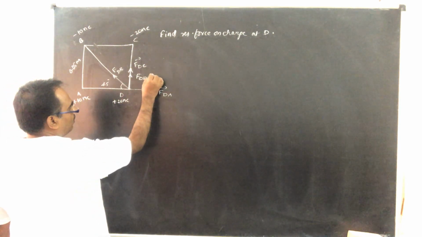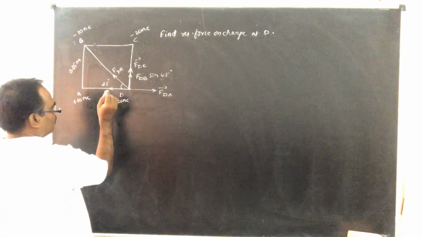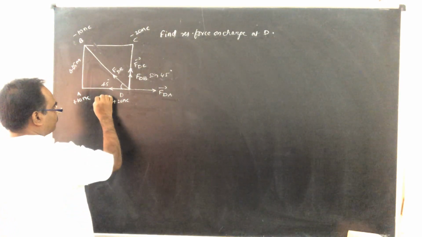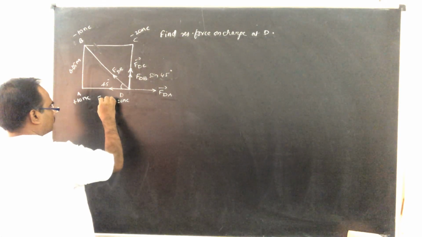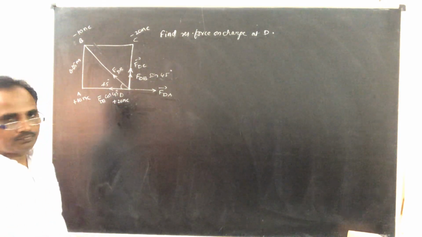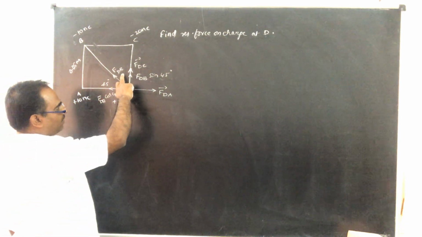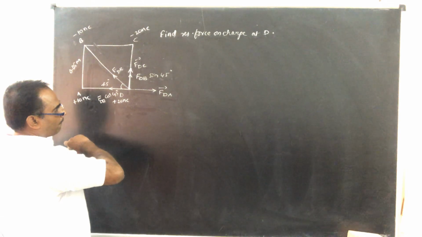So FDB sin 45 this side, FDB cos 45 this side. So you split this vector FDB into two components like this.